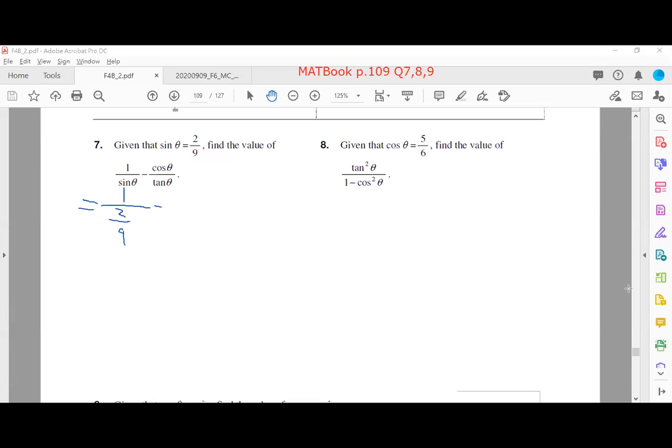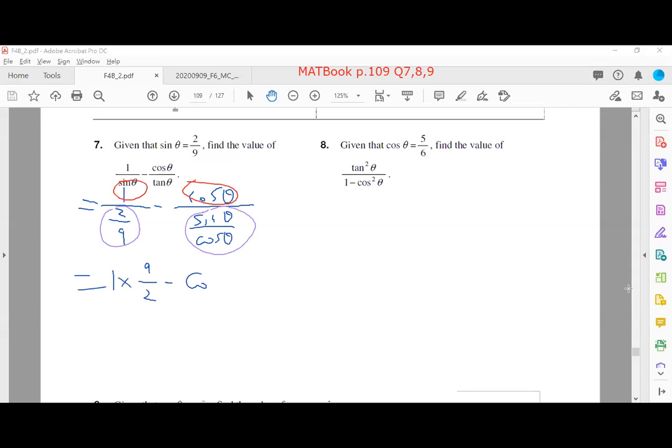And then minus the cosine theta over tangent theta. We need to change the tangent theta to be sine theta over cosine theta, like this, okay? And again, this is a fraction of fraction, up over down, okay? The first one is 1/(2/9). And then we do the 1 times upside down, okay?